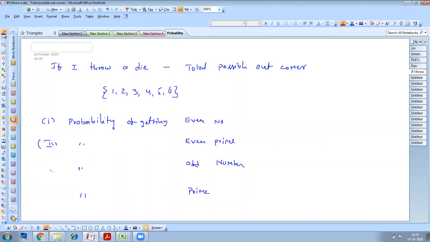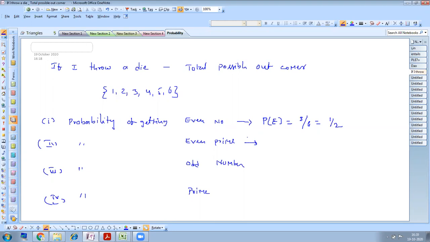So the probability of an even number will be 1 by 3. Is it right? There are 3 even numbers and the total is 6. So 3 and 6 will get cancelled, giving 1 by 2.